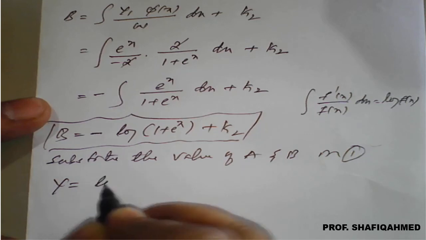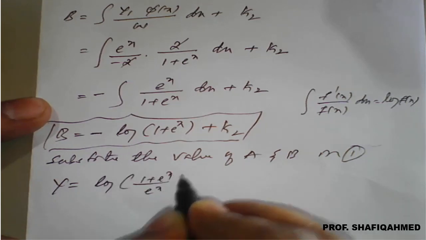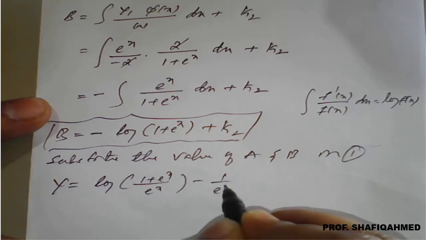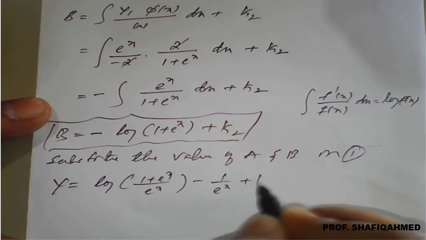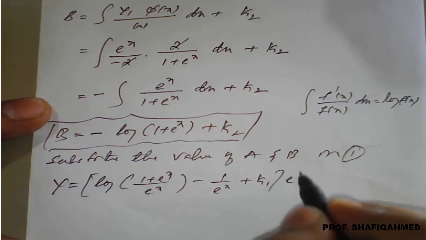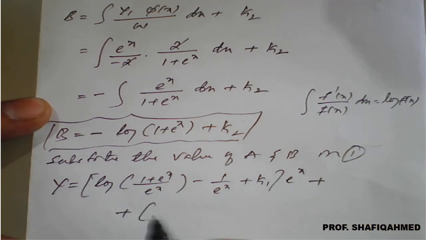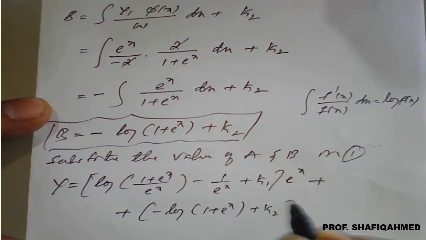It is log of 1 plus e raised to x upon e raised to x minus 1 upon e raised to x plus k1 into e raised to x, plus b value is minus log of 1 plus e raised to x plus k2 into e raised to minus x.